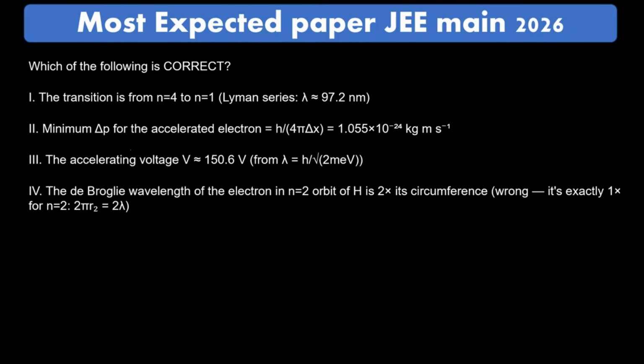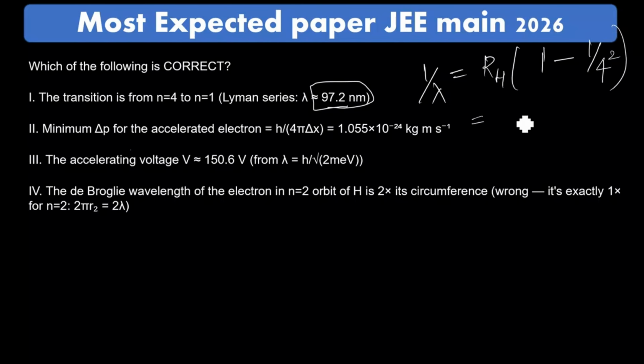First of all, the first statement involves the transition from n equal to 4 state to n equal to 1 state, that is Lyman series. So if I substitute the value of RH, 1 by 1 squared minus 1 by 4 squared, the lambda value you get is 97.2.